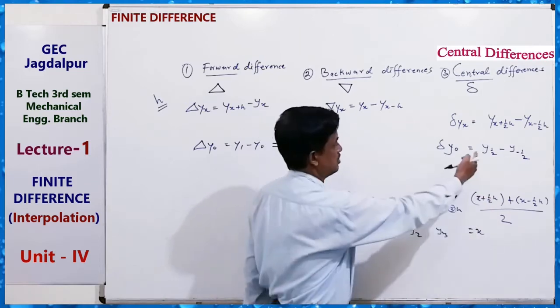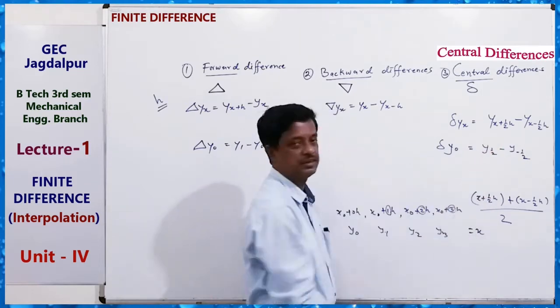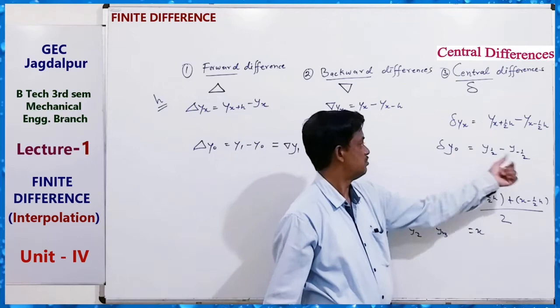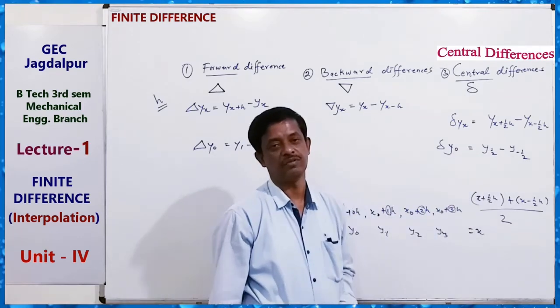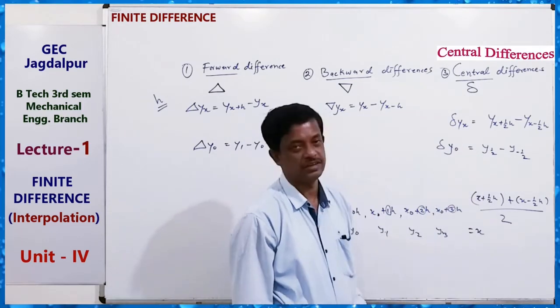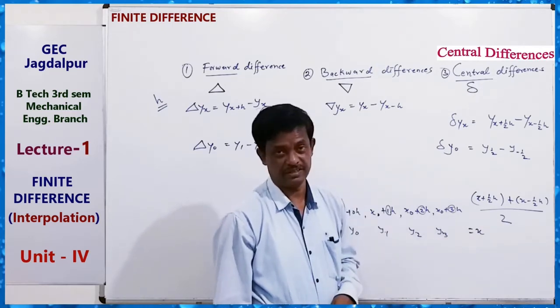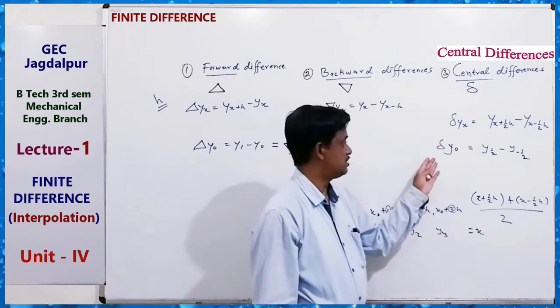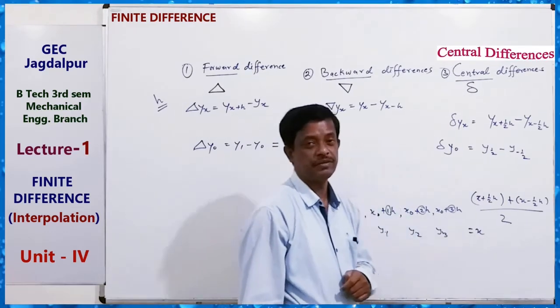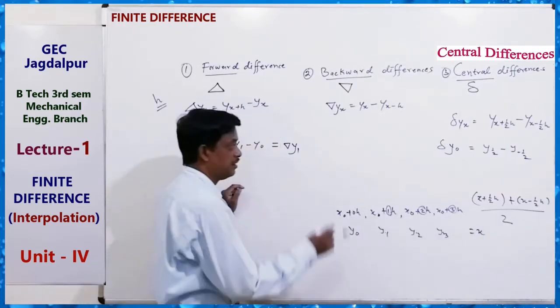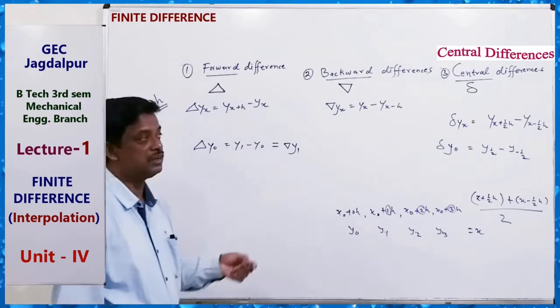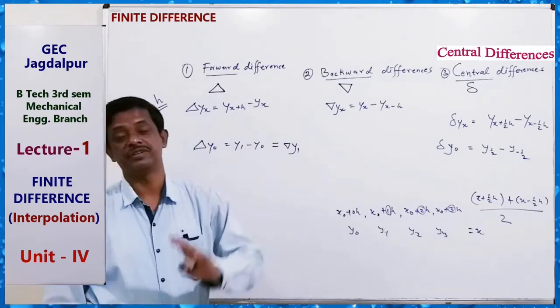So y half is this, y minus half is that. So this minus this means δy0. So this is the notation for central difference. This difference can also be found from the table.